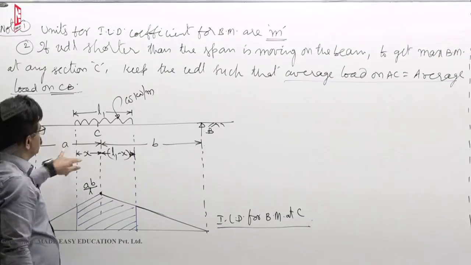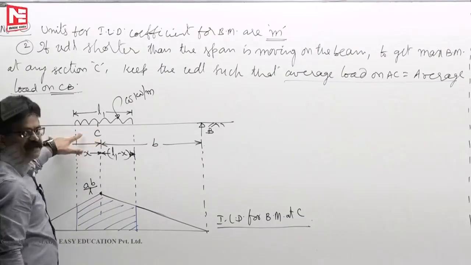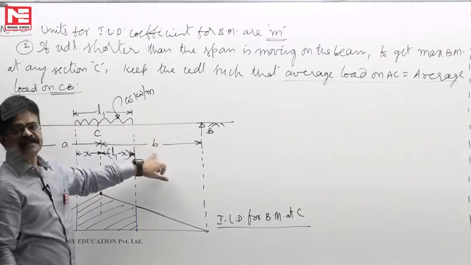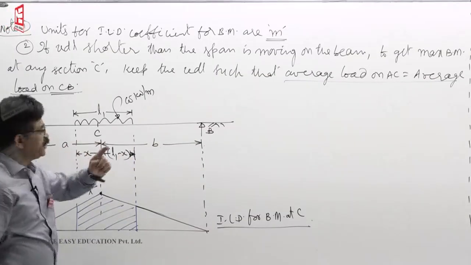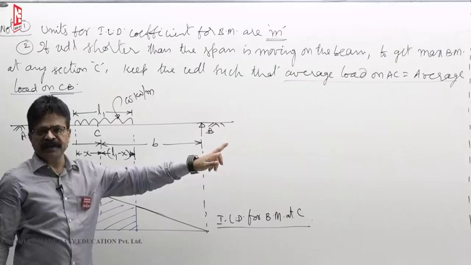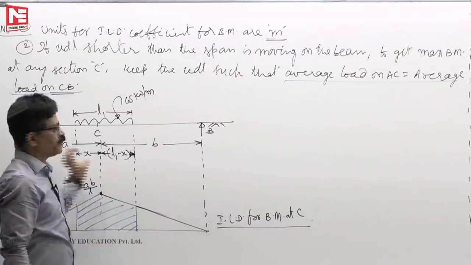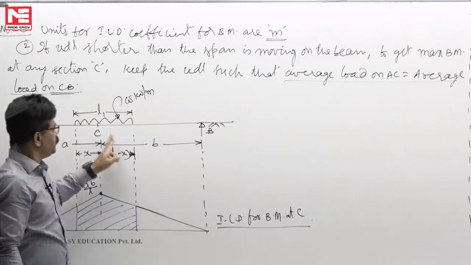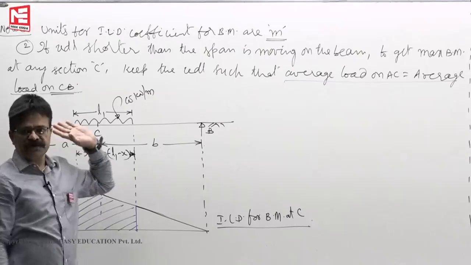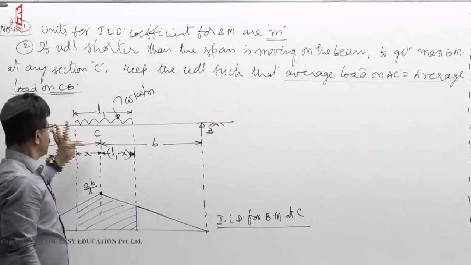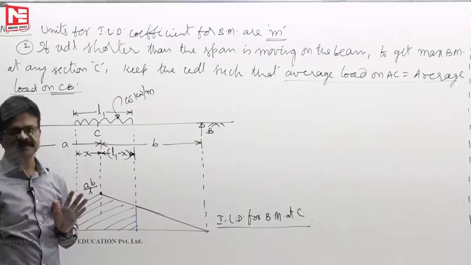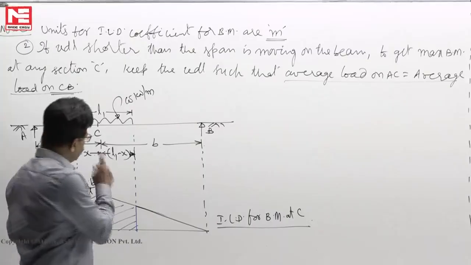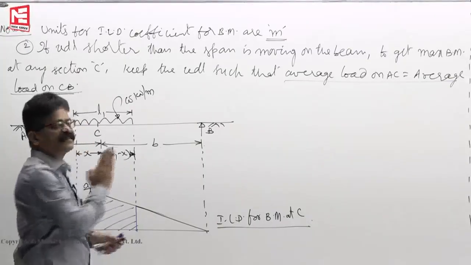That means loaded length by span must be equal on both sides. In other words, whatever ratio C cuts the beam AB in, a by b, in the same ratio C must cut the load also. That means x by a must be equal to L1 minus x by b. Same ratio must be there. Then you will get maximum bending moment at the section C.